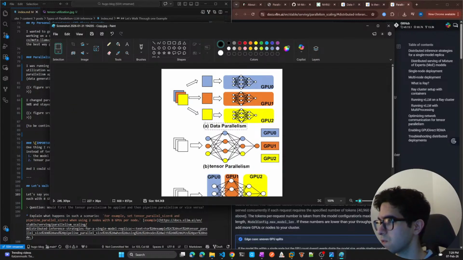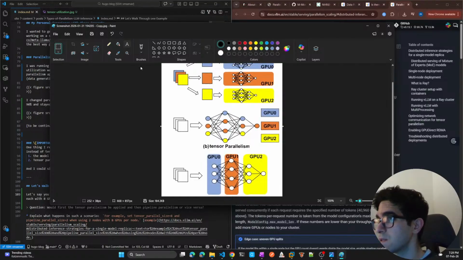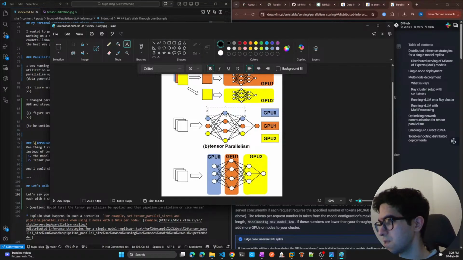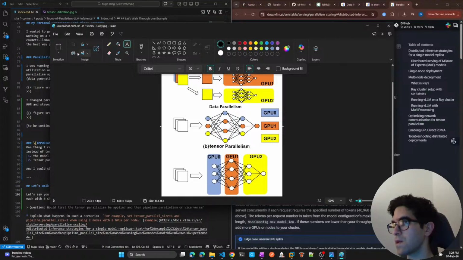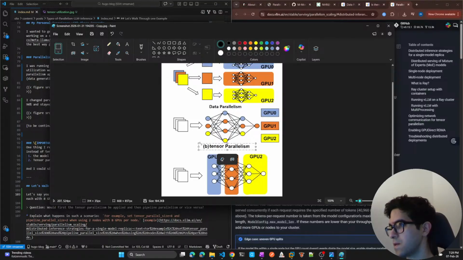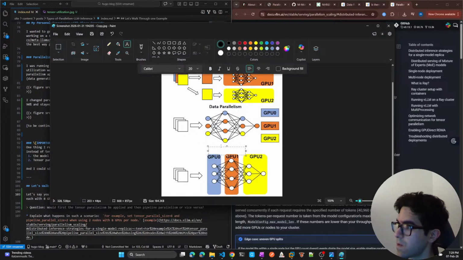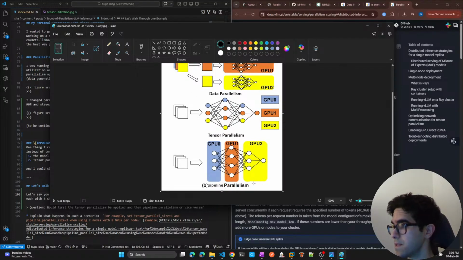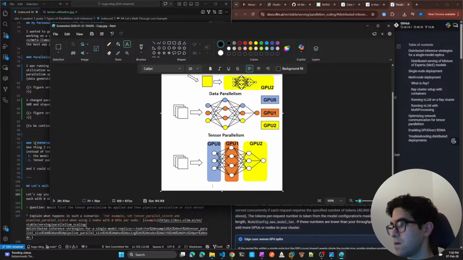And then I would like to delete this. This would be data parallelism, and then this would be tensor, and then this would be pipeline parallelism.